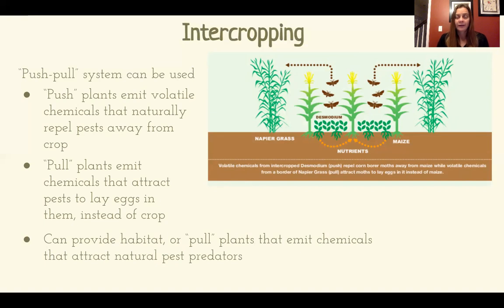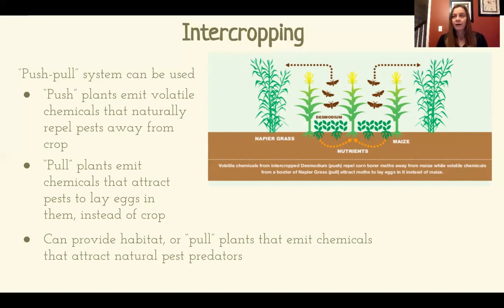A third aspect is what we call mechanical control. So mechanical control is having traps or some sort of physical barrier. So if we're talking about a pest of weeds, then a physical barrier might be weed or ground fabric that prevents the weeds from growing.